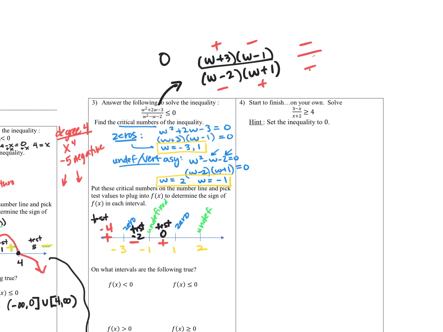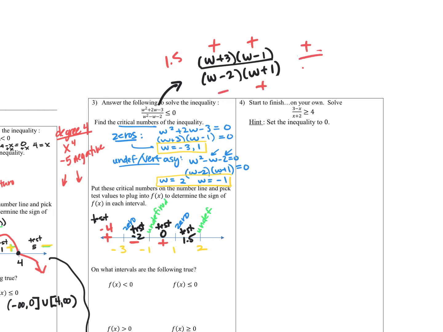Now between 1 and 2, I guess that one we're going to have to test a little fraction. So if we want to test 1.5, let's see what happens. Testing 1.5, that's going to be a positive here. 1.5 minus 1 is still positive. 1.5 minus 2 is negative, and then positive.